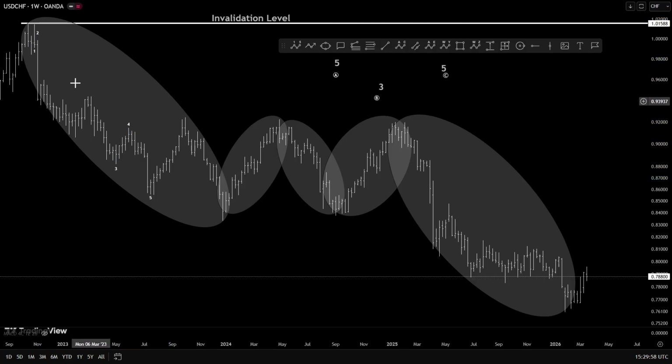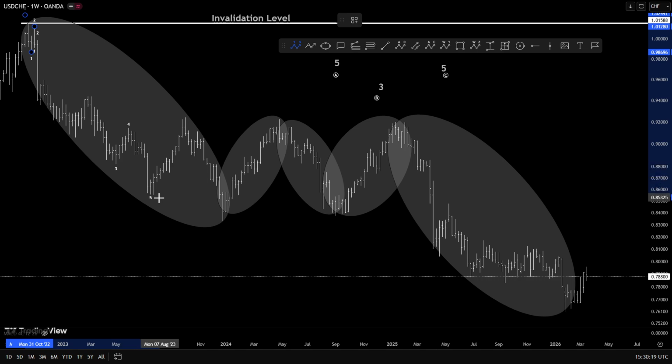so this completion of 5 is 3 on its own, because 3 has 5 subwaves on its own, with 1 having 5 subwaves, 3 having 5 subwaves, and 5 having 5 subwaves. This is 1, 2, and the bigger wave. This is a subwave, and this is 3. After 3, we have corrective structure 4.